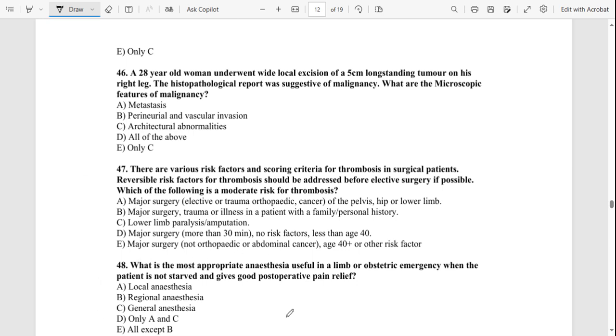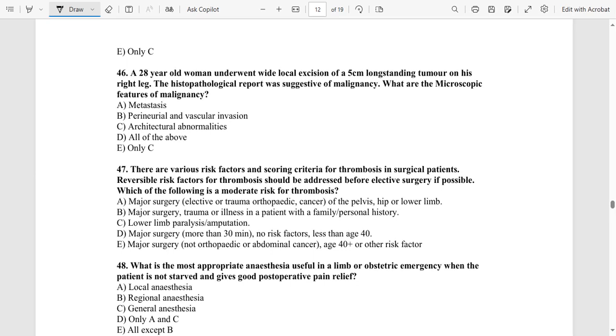So, for a malignancy, what are you going to see on the microscope? Or do you want to explain, Doc? Yes, you can have metastasis if it's present.